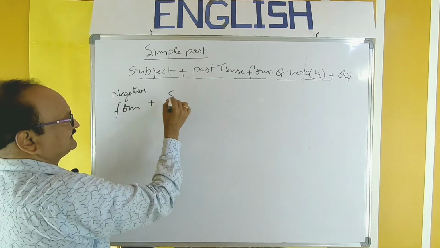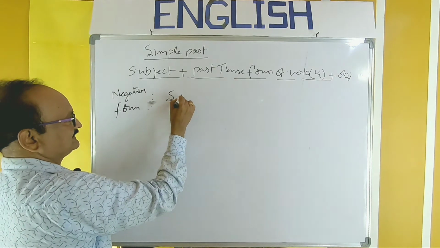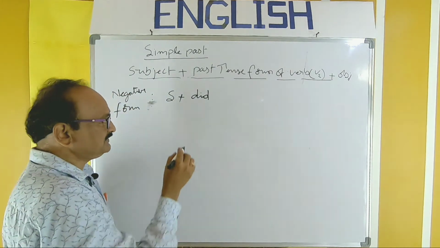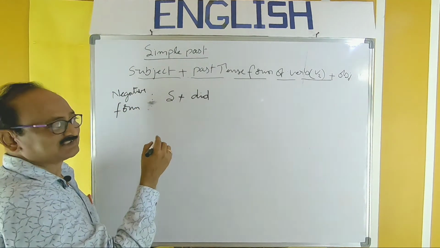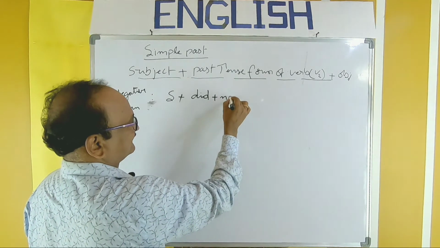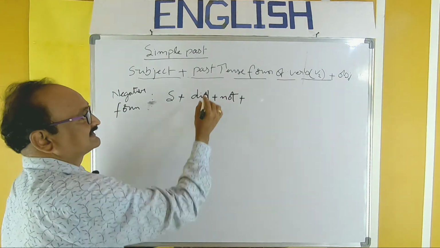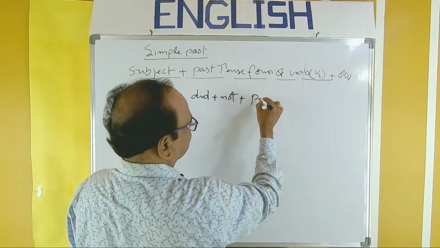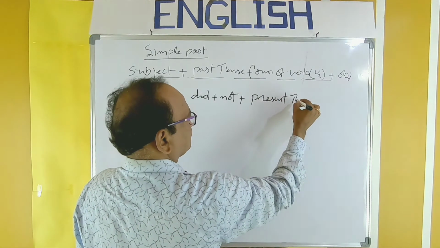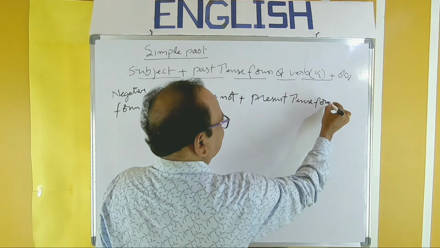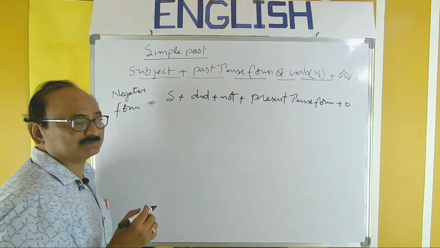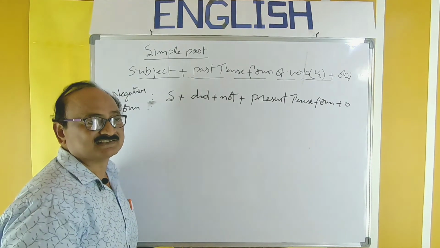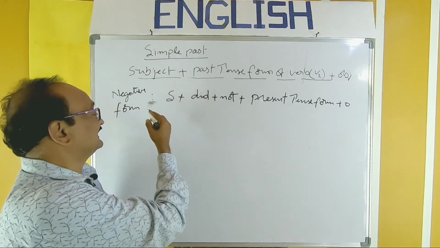As usual, you have to use the subject plus the auxiliary did, just as we used in the interrogative sentence, plus not, simply did not, plus the verb, which here becomes the present tense form, and of course the object. So subject plus did plus not plus present tense form plus object. That is the negative form.